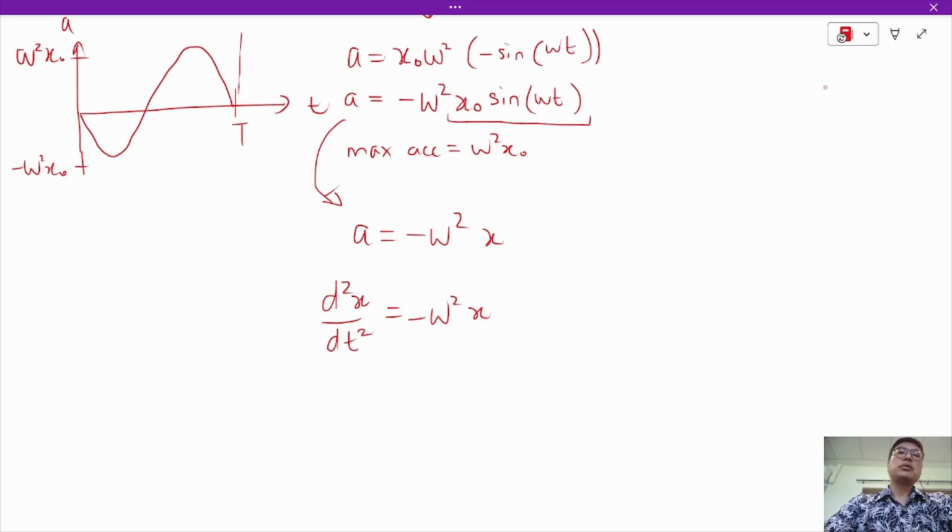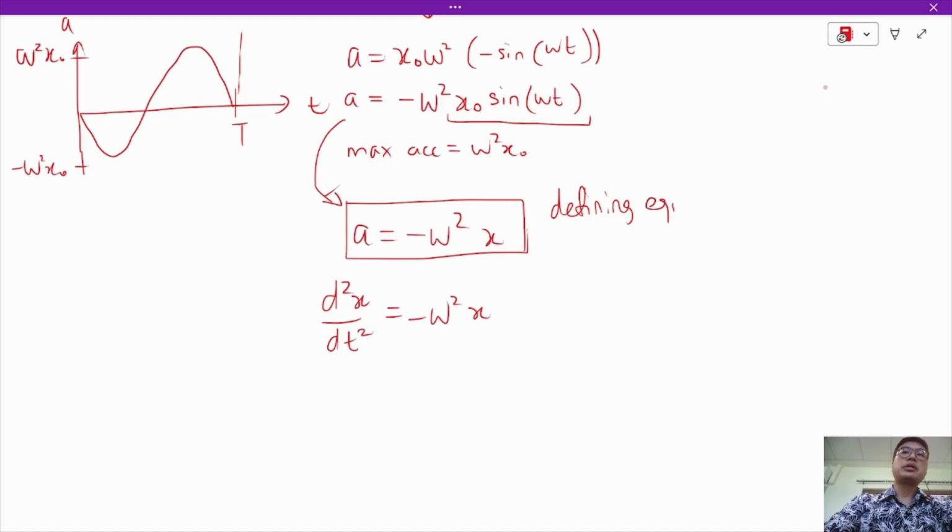So what this means is that this is the most important equation in simple harmonic motion. This is called the defining equation of SHM. Now, what does this defining equation mean? It means that the definition of simple harmonic motion is as follows.